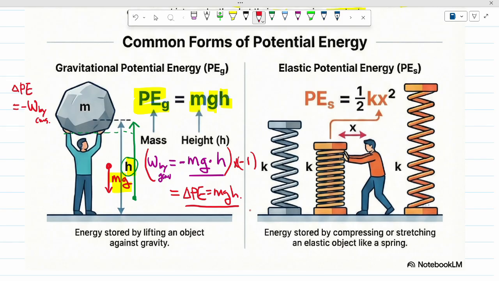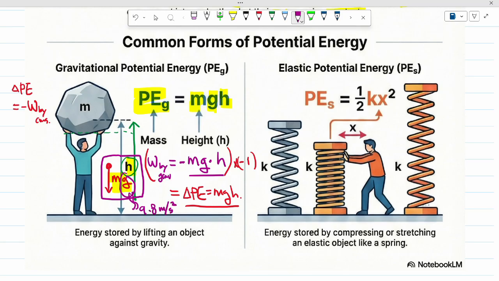Now, as you see in this description, this particular expression relates to this approximate form of gravity that applies near the surface of Earth, where you can say g is approximately constant at 9.8 meters per second squared.